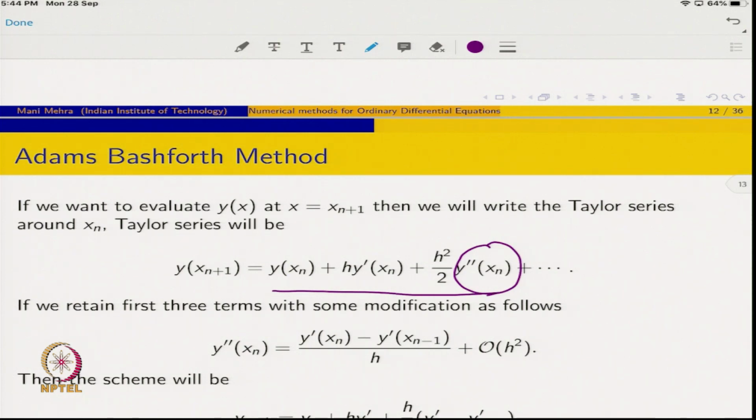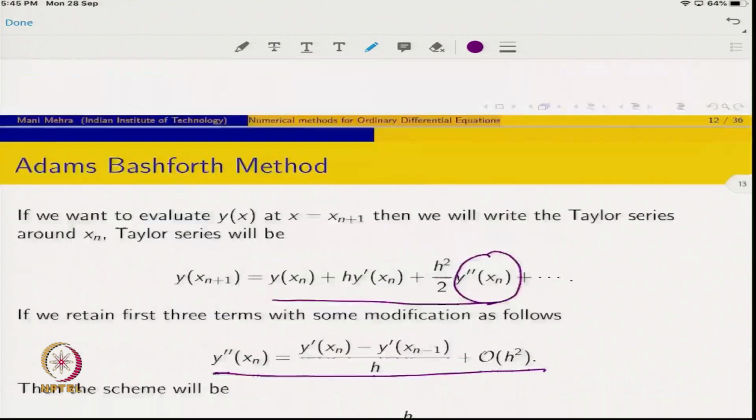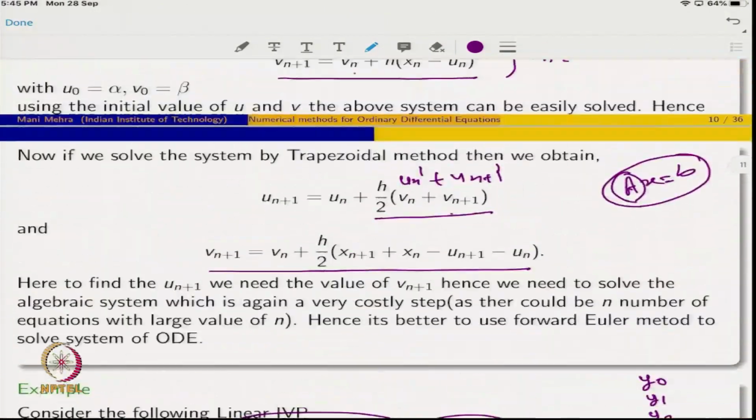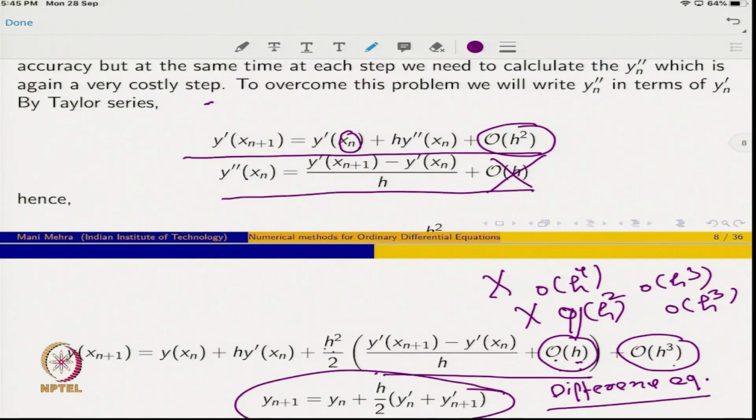If we do some modifications here, that is what we have seen in the trapezoidal method. We developed the trapezoidal method. If we retain the first three terms with another modification like this, I am writing y dash xn in the following way. Okay. So, this step is not very tedious. The same way like you have done earlier, you can write the difference equations and you can get it like you have done here. Okay.